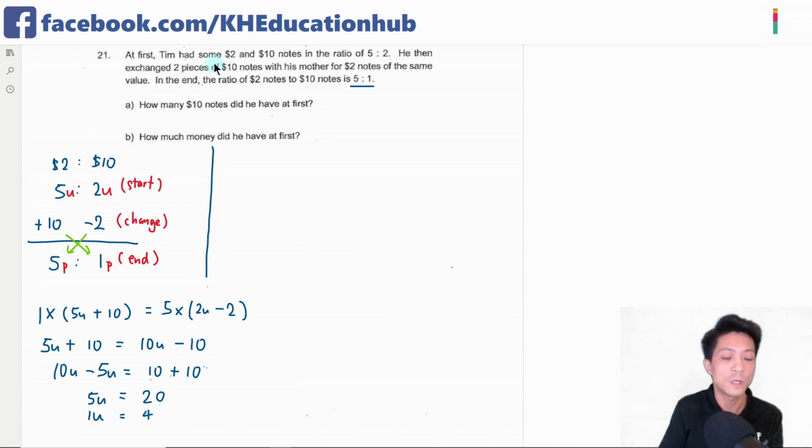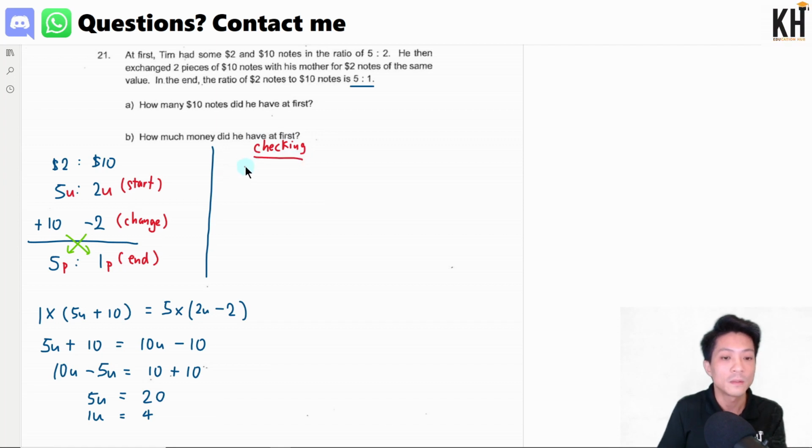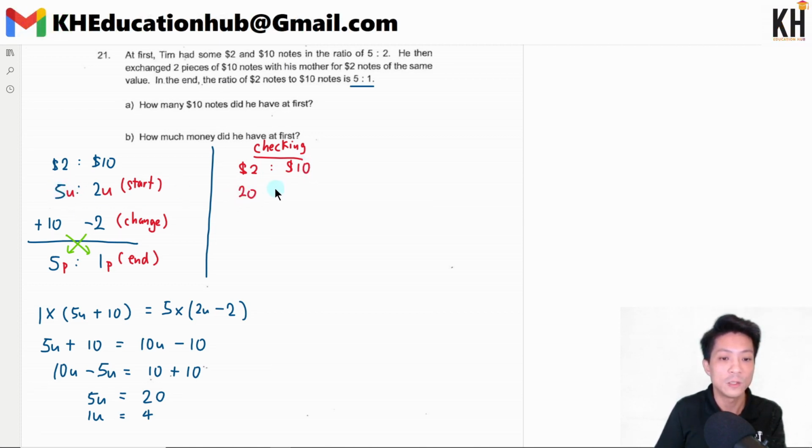Once we've solved what is 1 unit, I will do what I call the checking. For the $2 to $10, 5 units will be equal to exactly 20, and 2 units will be equal to exactly 8.